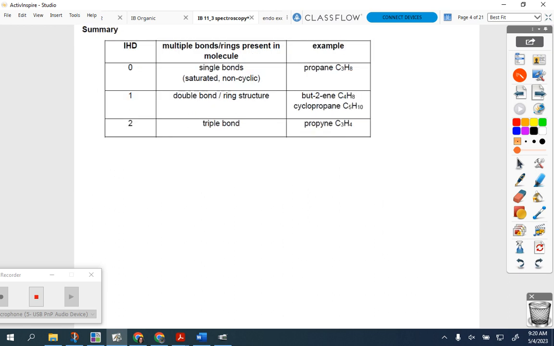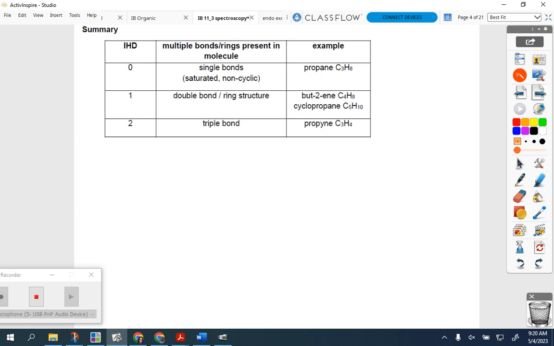So if you are looking at a structure and calculating the IHD from that, this is how you add things up. Any single bond does not add anything to the hydrogen deficiency. Double bonds between carbons, or carbon and oxygen double bonds, are going to add 1 to your IHD.